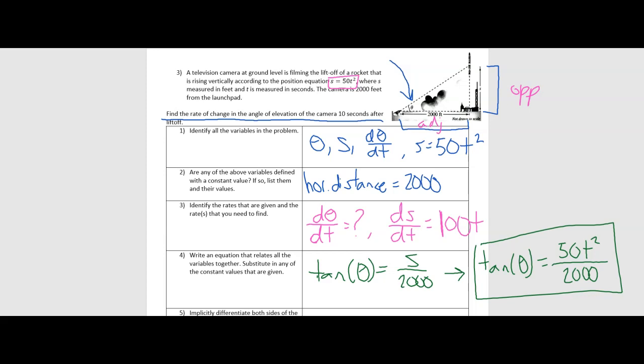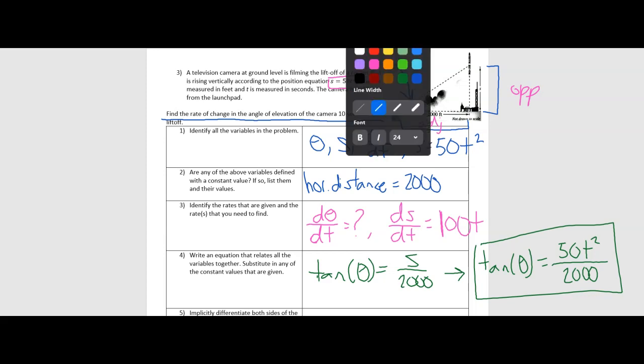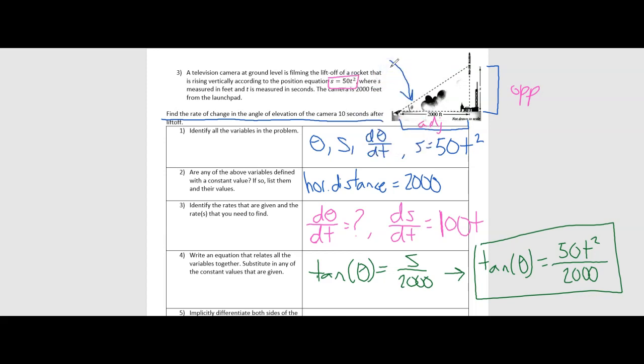Okay, let's go ahead and take the derivative. I'm going to do this up here on the left. I've got tan of theta is equal to, and instead of writing 50 over 2000, I'm just going to simplify that to 1 over 40, if I make it a fraction.